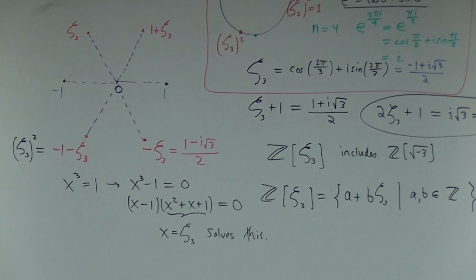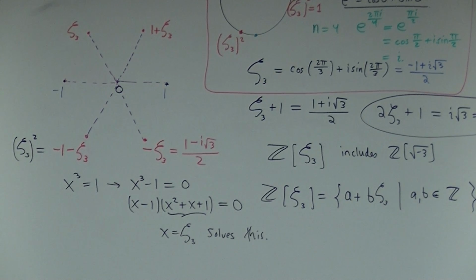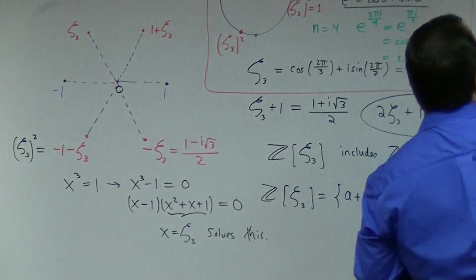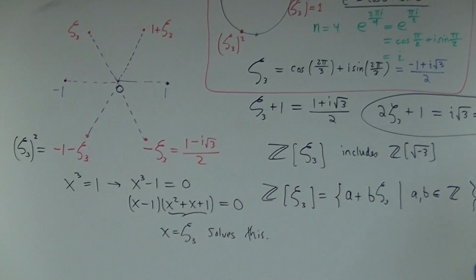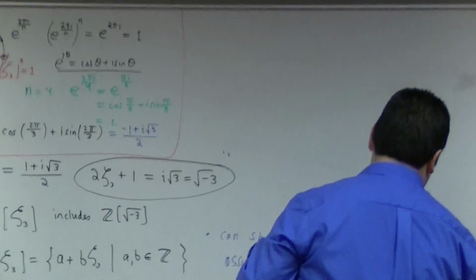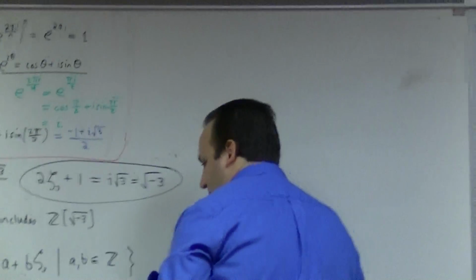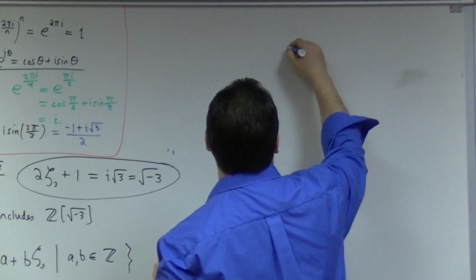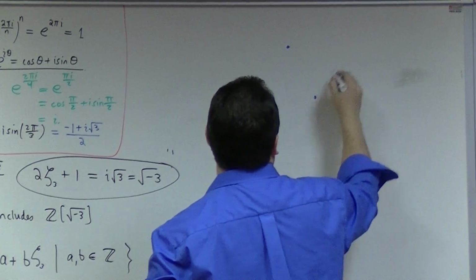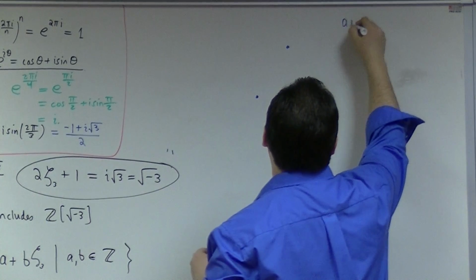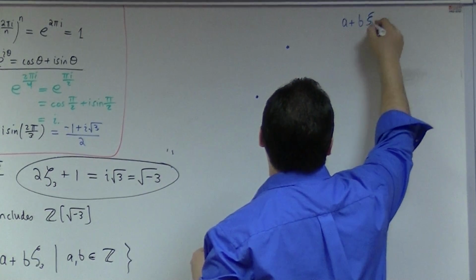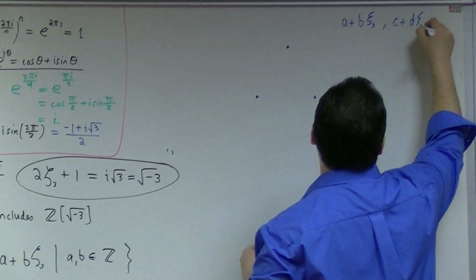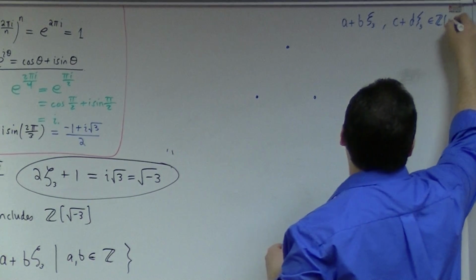Now, what do you think the argument's going to be that the division property works here? I've got to do it today, otherwise it's just wrong. That's probably all we'll get to today. So if you look at your fundamental triangle, pick A plus B times the third root of unity and C plus D times the third root of unity, elements of Z adjoin the third root of unity.